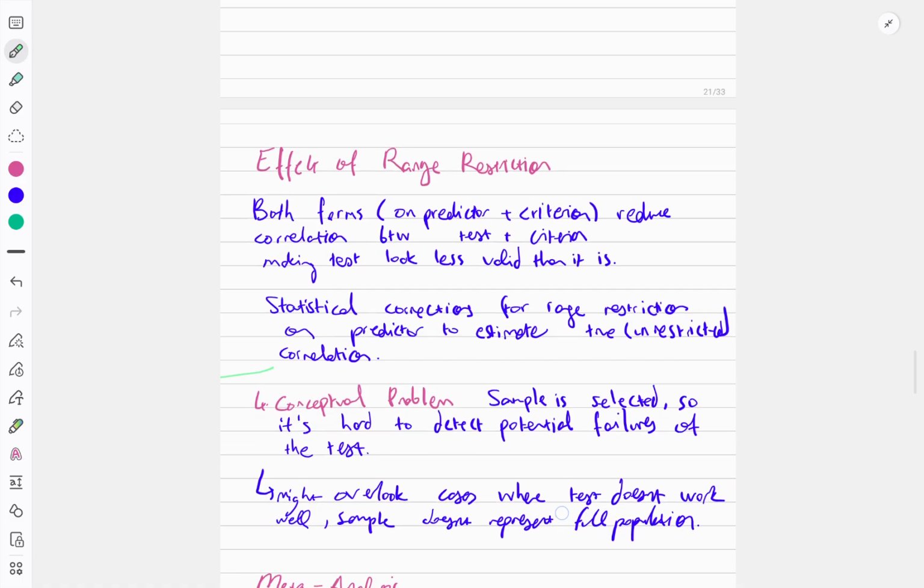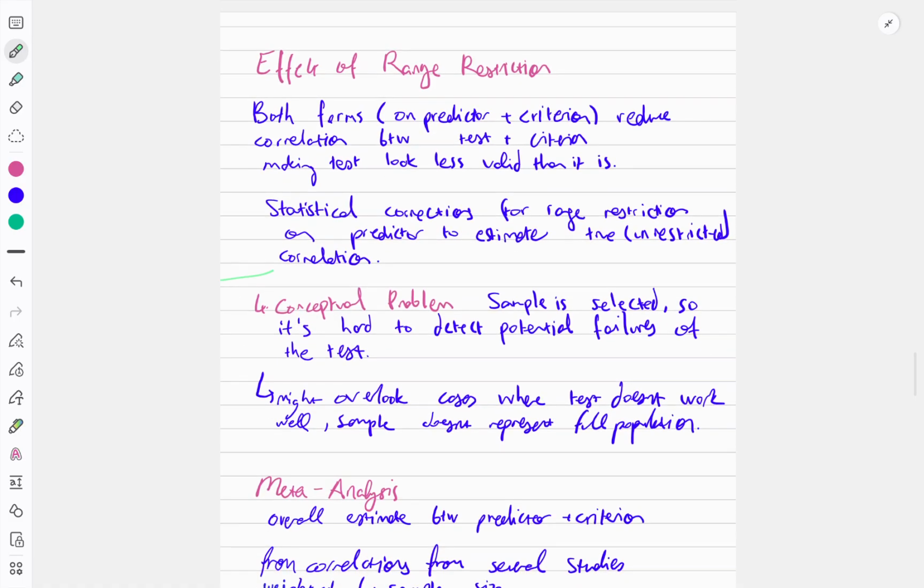Then our other problem, a conceptual problem. The sample is selected, so it's hard to detect potential failures of the test. We might overlook cases where the test doesn't work well, because the sample doesn't represent the full population. We may just look at how successful our test is because we hired these people who already did very well on the test and are doing well on their jobs.